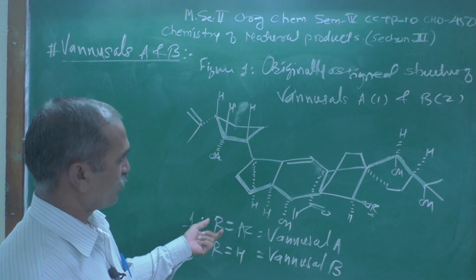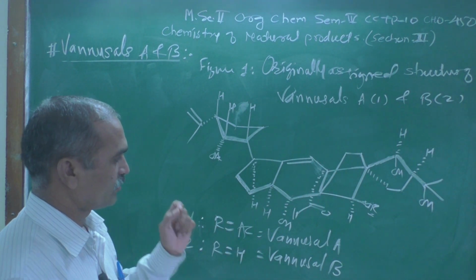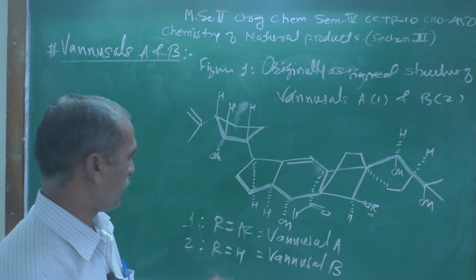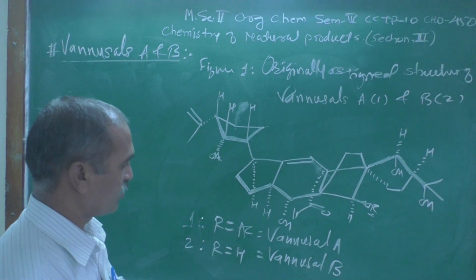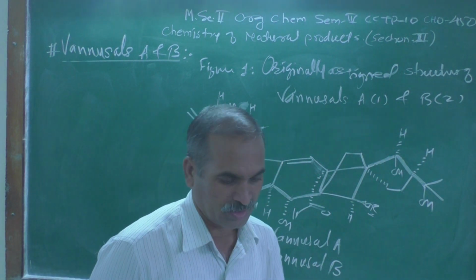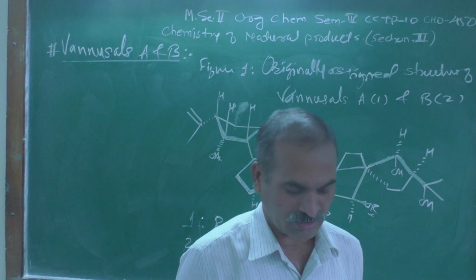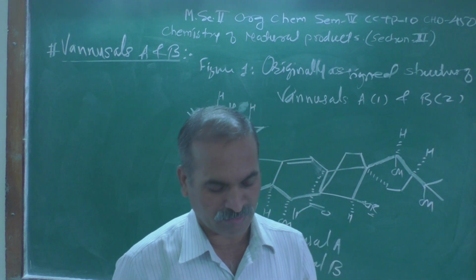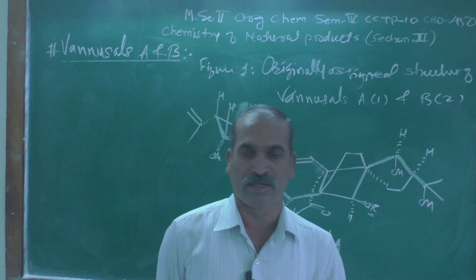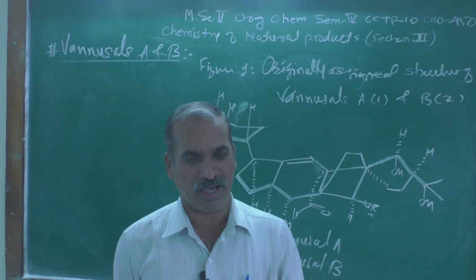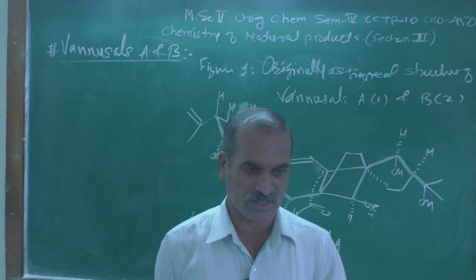If R is equal to an acetyl group, that becomes Venustatriol A. When R is equal to hydrogen, then the structure becomes Venustatriol B. In our previous lecture we described the originally assigned structure and some of the characteristics of Venustatriol A and B.